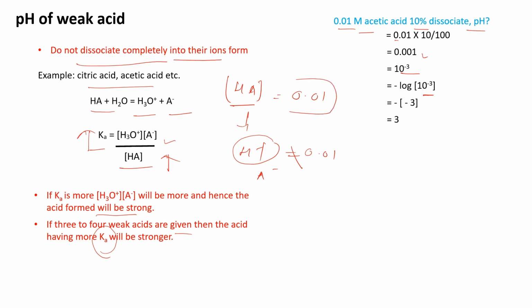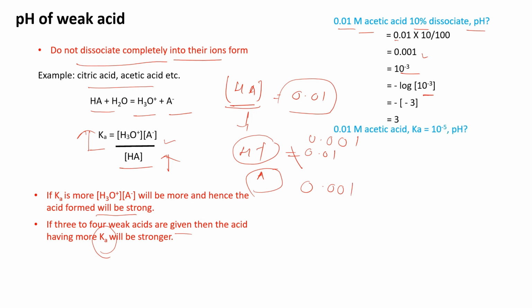So 10% of 0.01 molar will be H plus and the same value will be A minus. That means 10% of 0.01 molar is 0.001. So HA, which is acetic acid, will dissociate into H plus and A minus with concentration 0.001 molar of H plus and 0.001 molar of A minus.